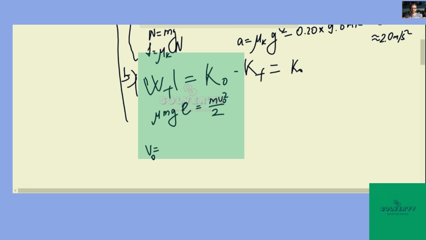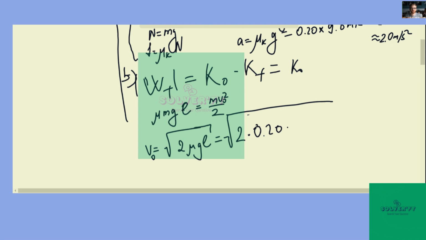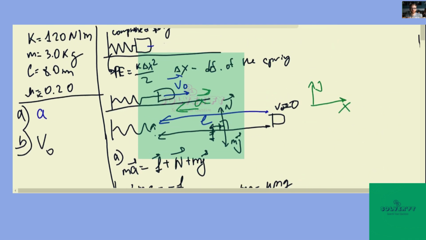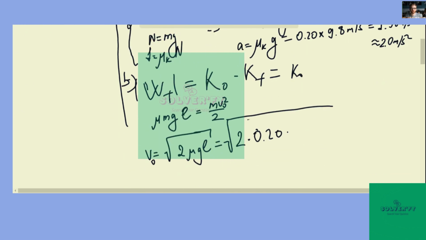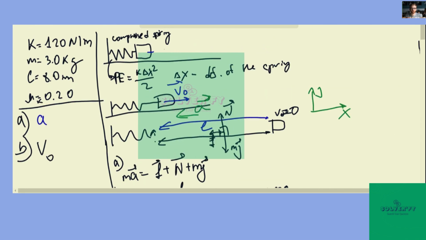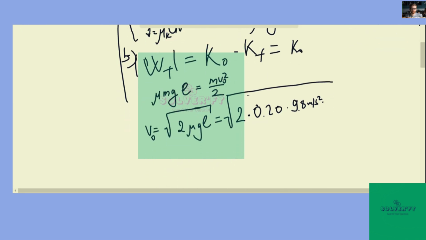Then v0 equals the square root of 2 mu g L. So it equals the square root of 2 times 0.20 times 9.8 meters per second squared times L, which is 8.0 meters.